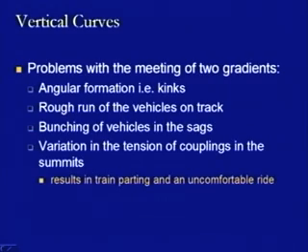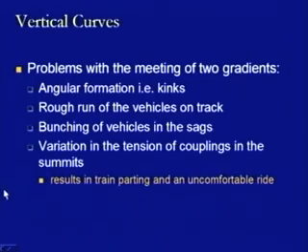Then there is a variation in the tension of couplings. This variation in the tension of the couplings will be there of course in two conditions. One is that we are talking about the summit. The summit is the topmost location where the two gradients are meeting.